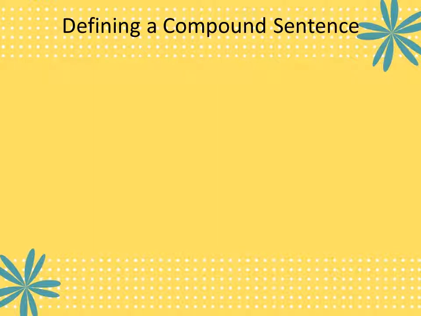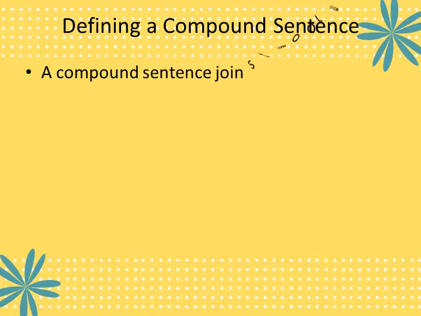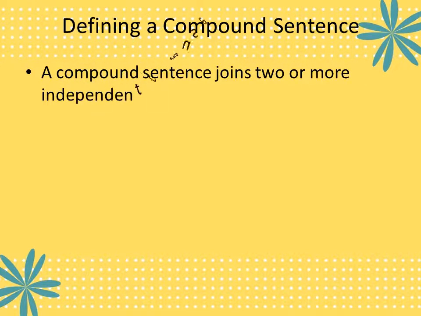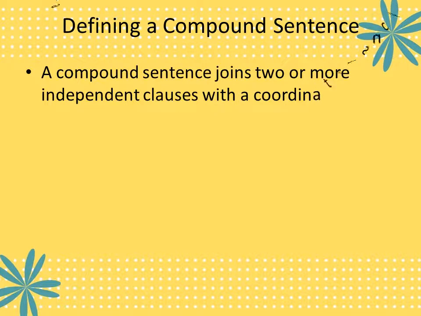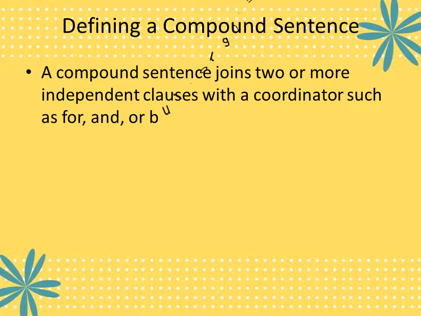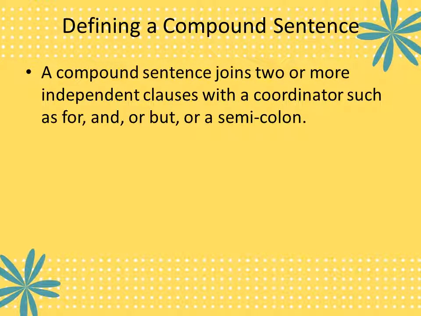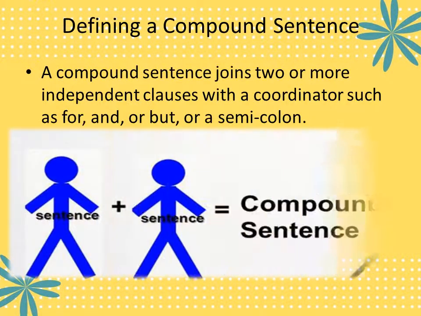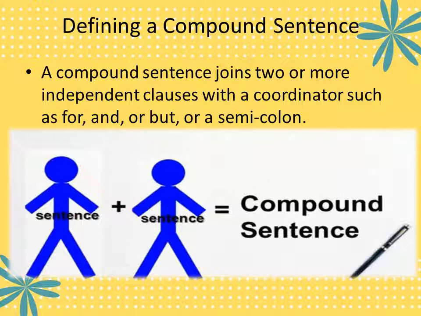Okay, now let's define the compound sentence. A compound sentence joins two or more independent clauses with a coordinator, such as for, and, but, or a semicolon.